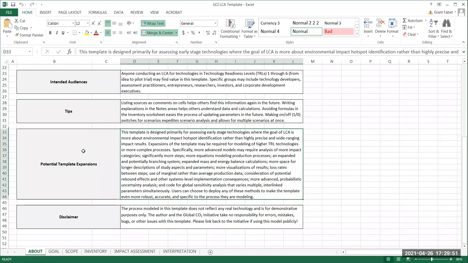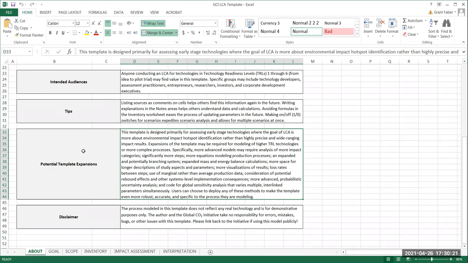So in terms of templates, we designed this template to really function for low technology readiness level, early stage technologies where maybe only several impact categories are being assessed. Because of that, there are many possible expansions. Of course, there are many journals and academic articles focused on LCA and all of the things that one can do. So there's really a lot of potential expansion to the kind of generic process modeled in this template.